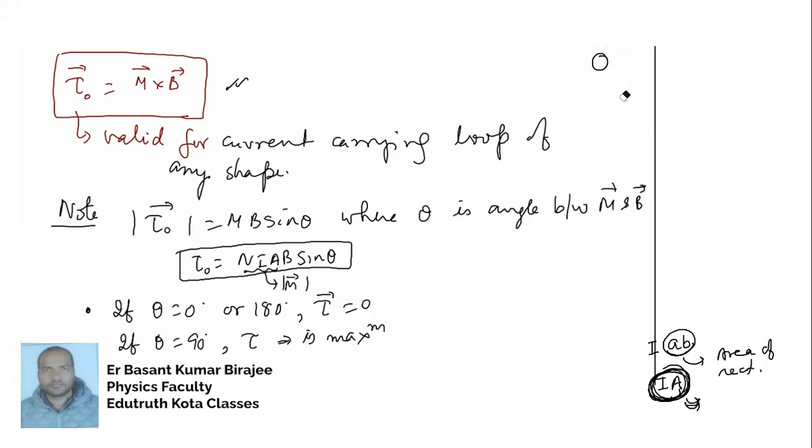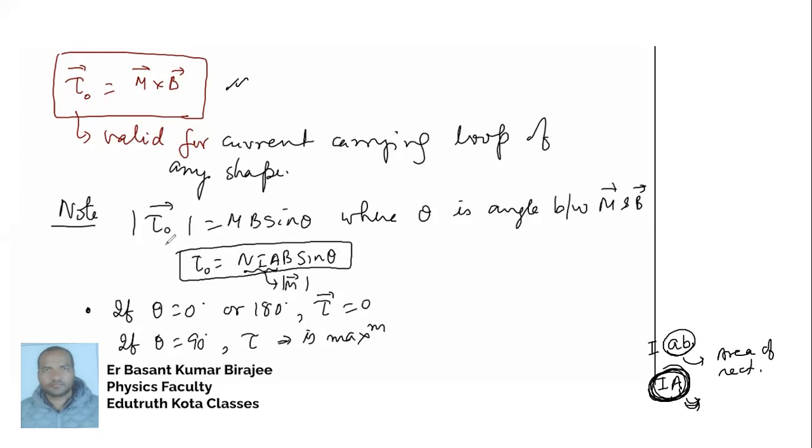So you can apply this formula for any current carrying loop placed in a uniform magnetic field. Now if the angle is 0 degree or 180 degree, then what will be the torque? Sin 0 is 0, sin 180 is 0, so torque will be 0. Similarly, if your angle is 90 degree, then torque is maximum.